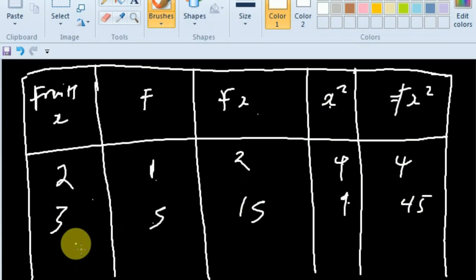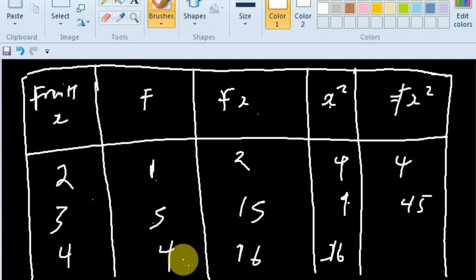Then I also have 4. The frequency of 4 is 4. So 4 multiplied by 4 is 16. To calculate x squared, 4 multiplied by 4 is 16. 16 multiplied by 4, the answer is 64.